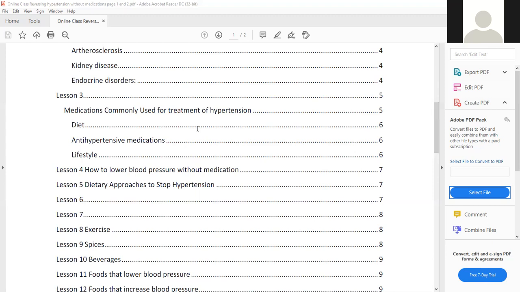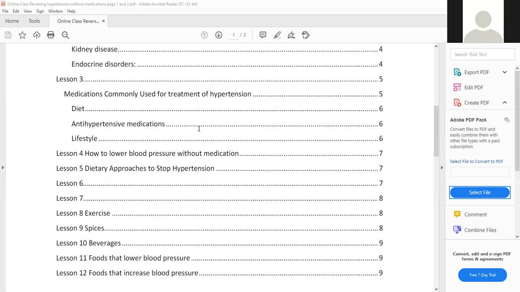We also have medications that block the flow of calcium into blood vessels, and these are your calcium channel blockers. Those are the medications commonly used: the ACE inhibitors, calcium channel blockers, diuretics.